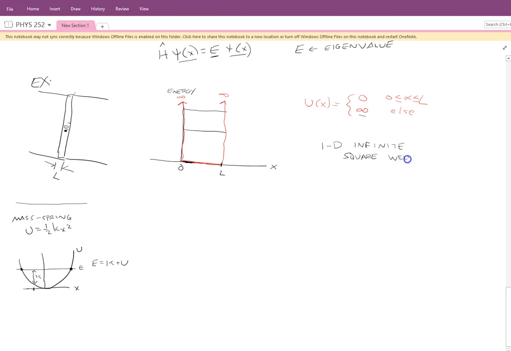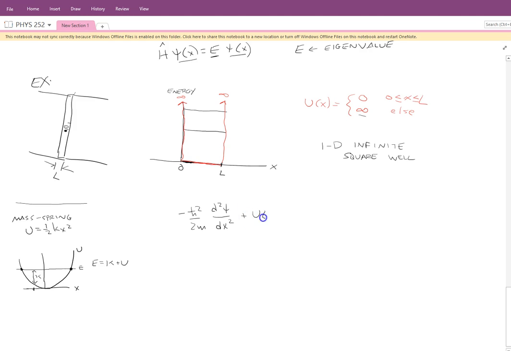The one-dimensional infinite square well, because it has these 90-degree corners here. Okay, so what do we do? We take the time-independent Schrodinger equation, right? So that looks like this, minus h bar squared over 2m. And again, you don't have to follow the complete derivation. You are responsible for the results, okay?